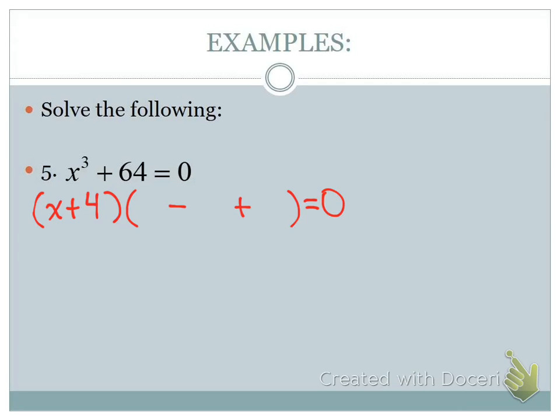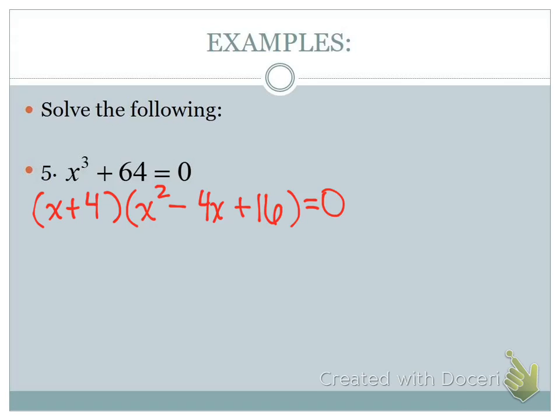Okay, in the bigger set of parentheses, we have to square the first term. That gives us x squared. We square the last term in the back, and in the middle we multiply them. Good. Okay, square in the front, square in the back, multiply in the middle. All right, so we've already done that for this problem. This time the only difference is we've got it set equal to 0.